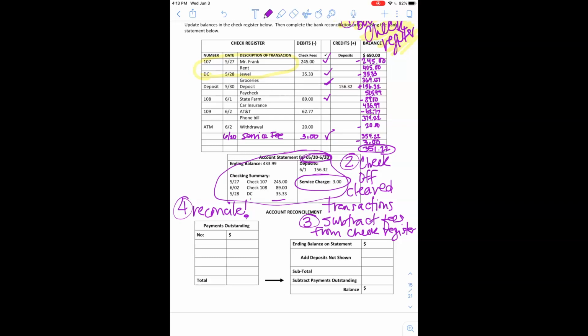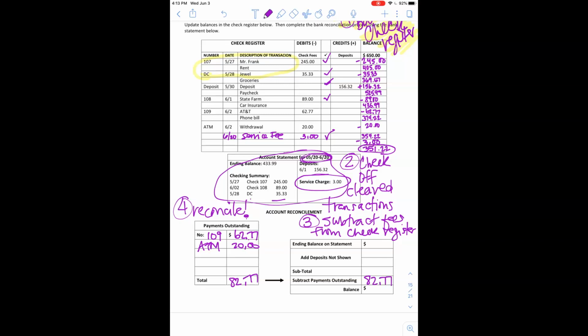The first one is check 109 for $62.77, and then the next one is the ATM withdrawal for $20. Okay, we're going to add those up, $82.77, and we can just go ahead and move that over.